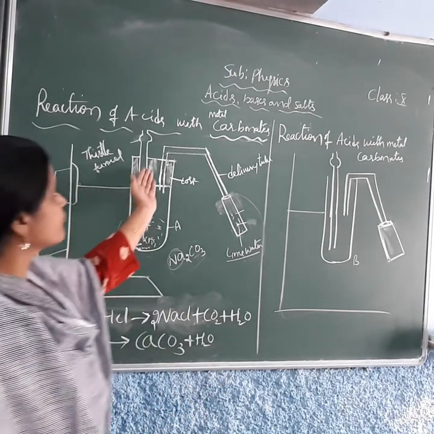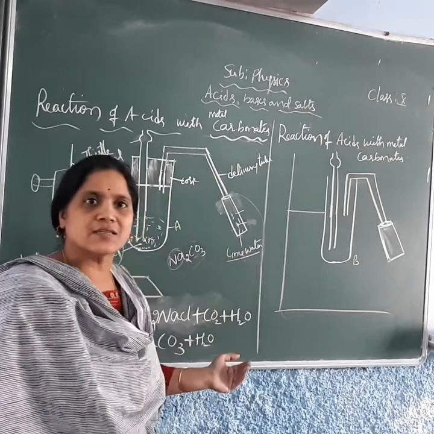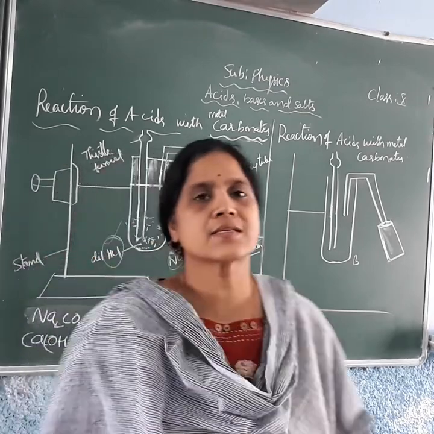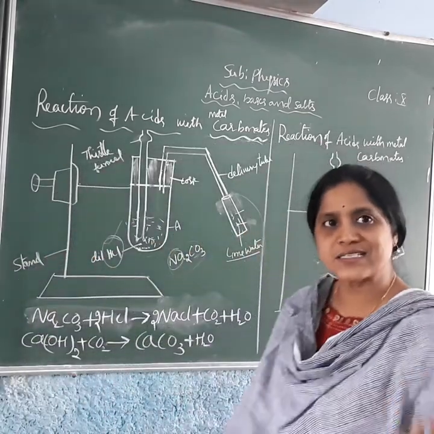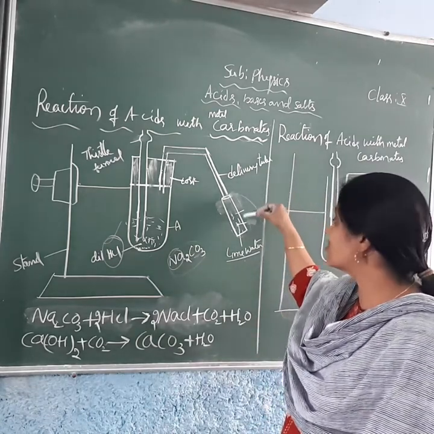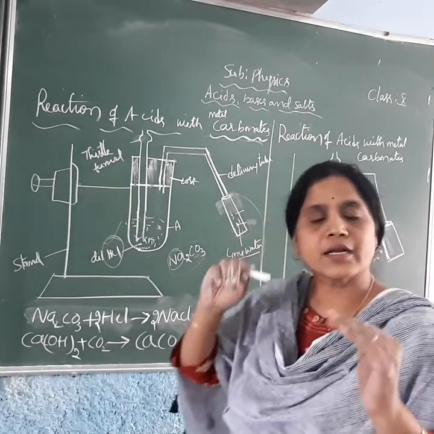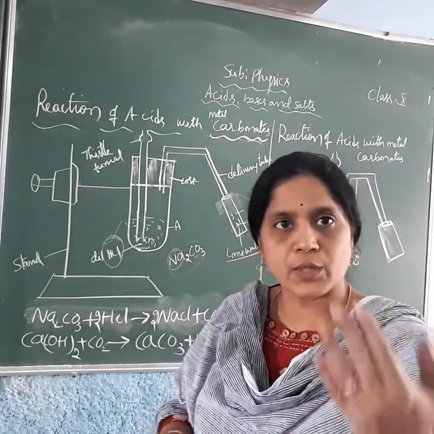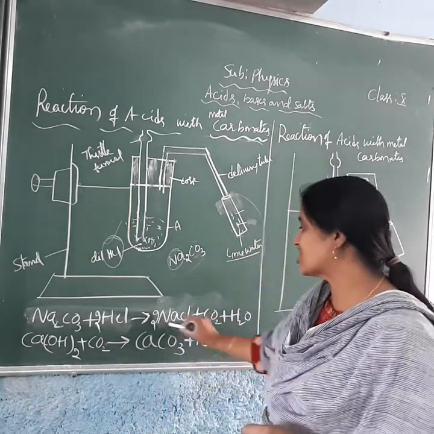Suppose excess carbon dioxide is released in this lime water. When carbon dioxide gas is dissolved in the lime water, it turns milky, and that product we call calcium carbonate.